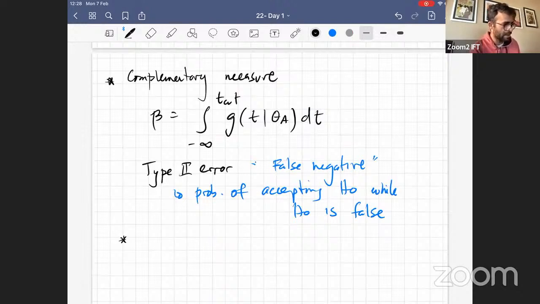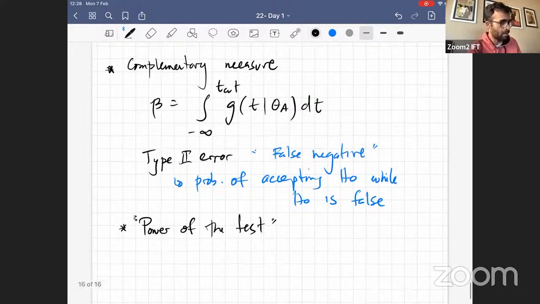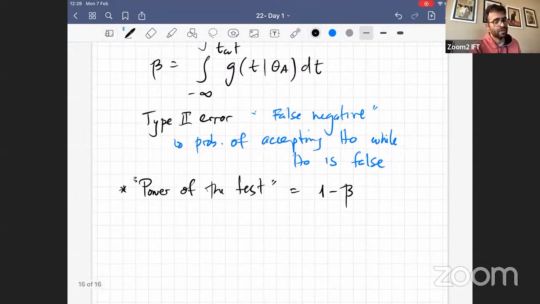And something which is very important, and which is a function of one of these quantities, is the power of the test. And the power of the test is just 1 minus beta. You can actually fix one of the errors and then try to minimize the other.